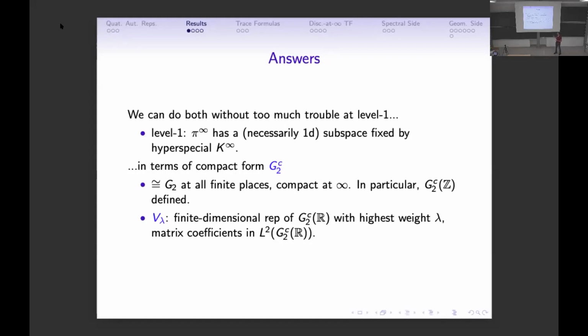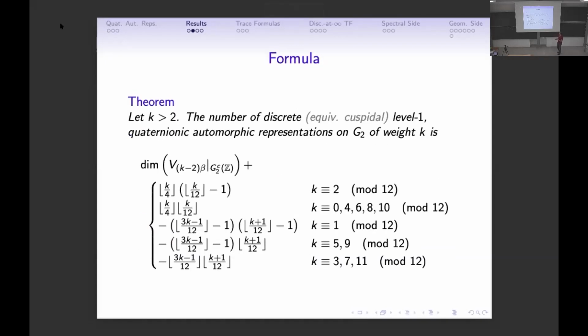It's going to have matrix coefficients that live inside L2, because this is the compact form, so we can think of it as made up of functions in L2. And then we're going to let β be the highest root of G2.